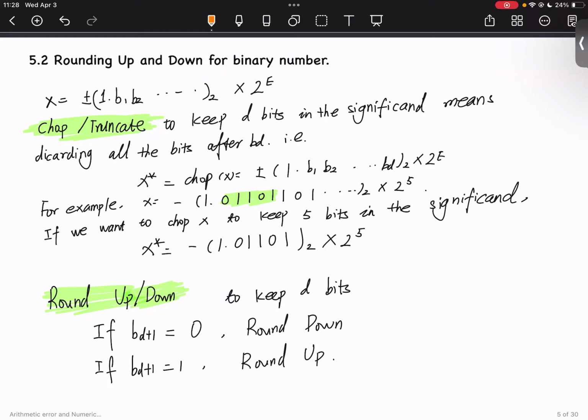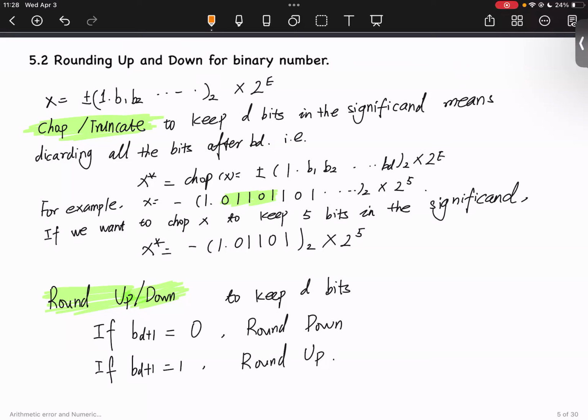This is the chopping. For example, we have the number 1.011011101, and a lot of digits come after that. We are not doing anything about the exponent here, because we are just talking about keeping D bits in the significand. If we want to keep 5 bits, we only keep 1, 2, 3, 4, 5, and chop everything else off. This is chopping, or truncating.